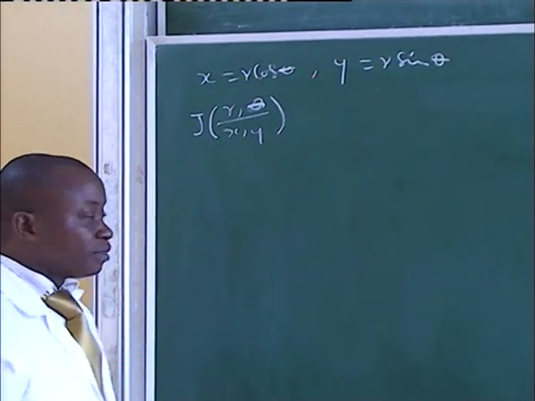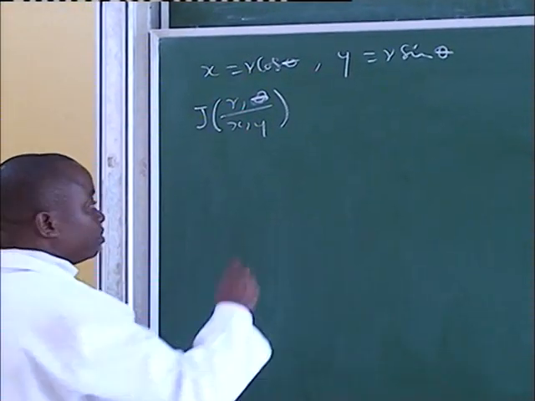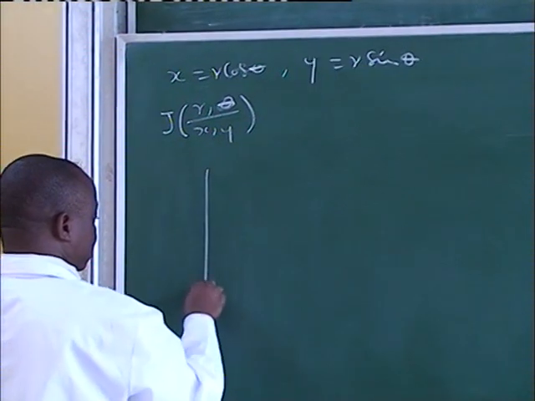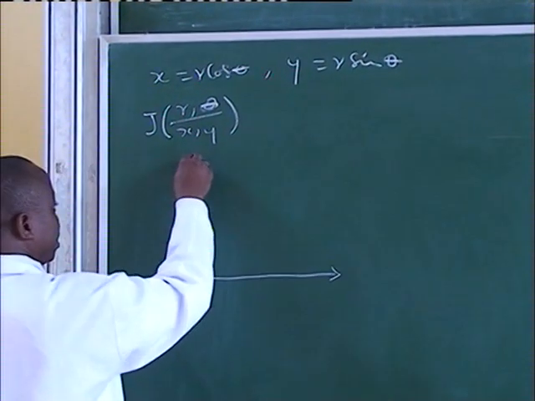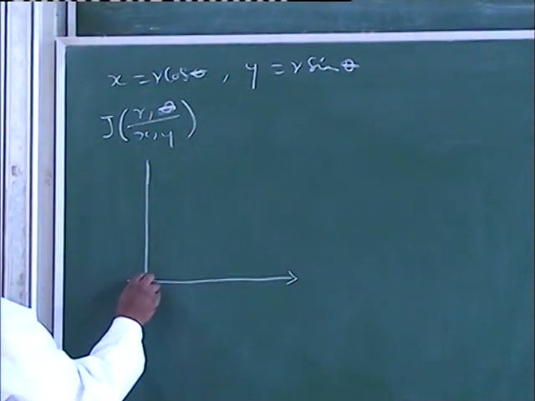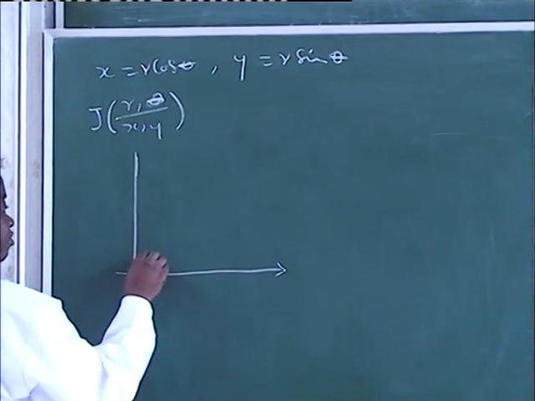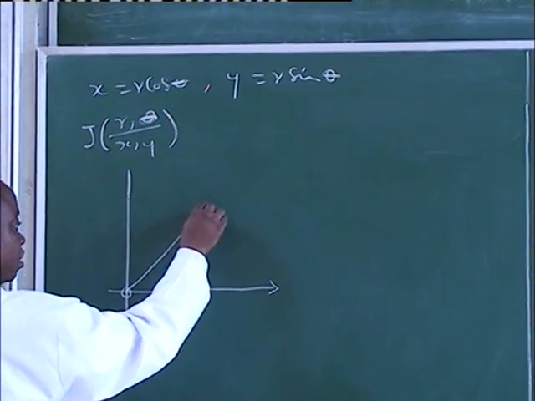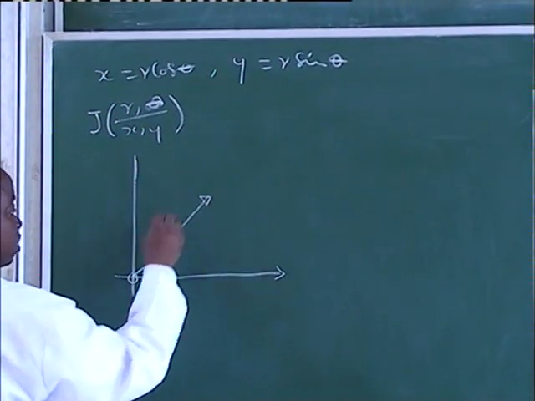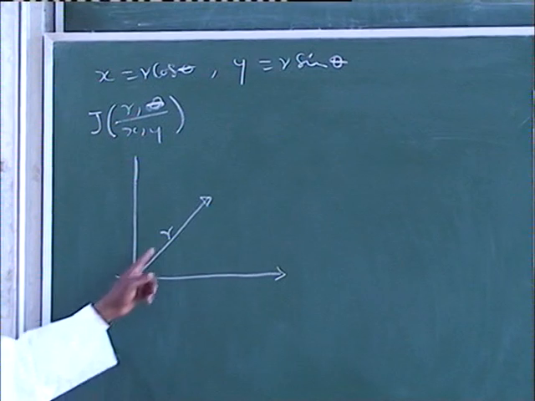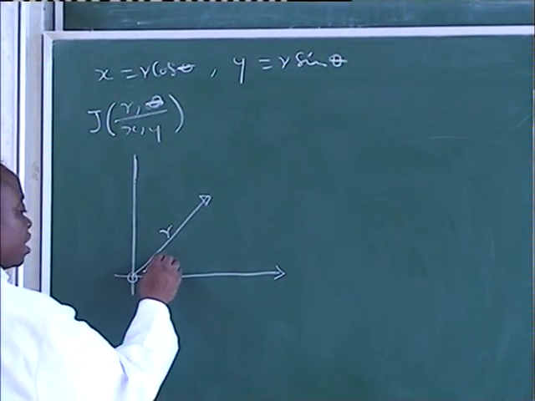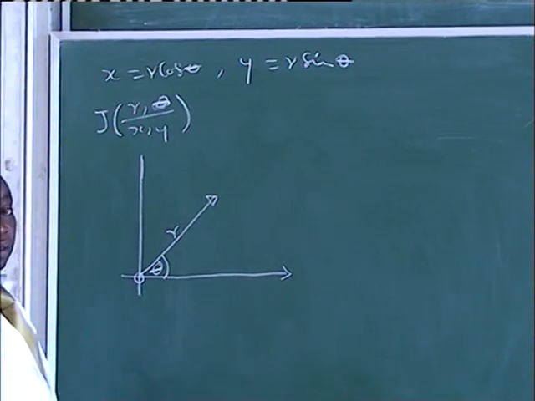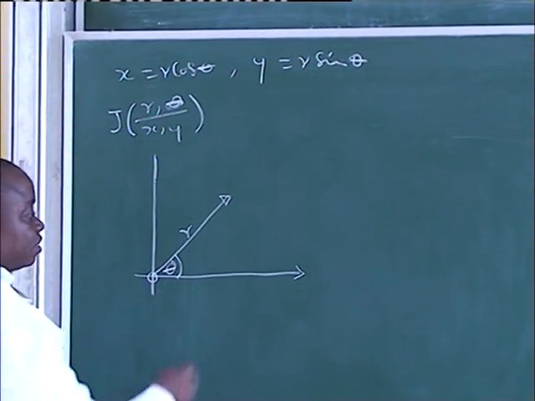And so to do that, we go to the plane. In the plane, this is the origin. We have a vector going this way of magnitude r, and it makes an angle theta with the positive x-axis.